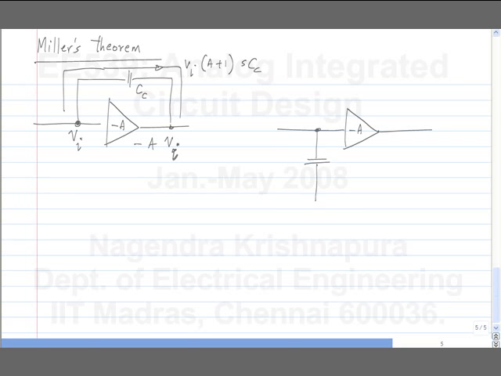Exactly the same current will be drawn out of the input node if you have (A plus 1) times Cc here. So this current will be Vi times (A plus 1) times sCc. And to keep the action of the circuit the same, I should not change the current that's being drawn from the output node. For that, I'll add (A plus 1)/A times Cc to the output node.